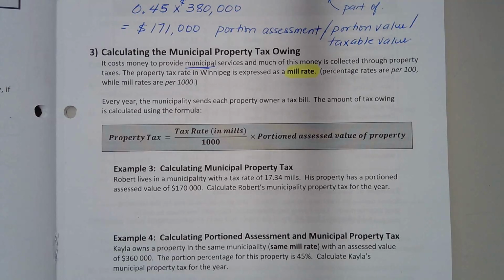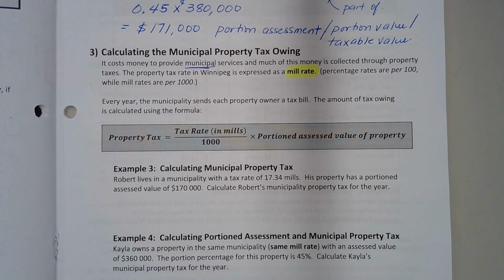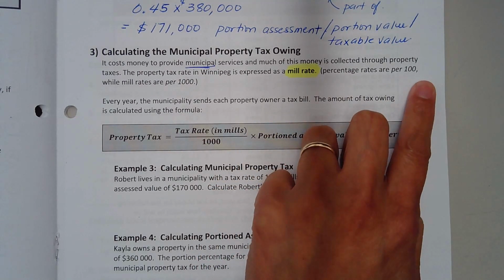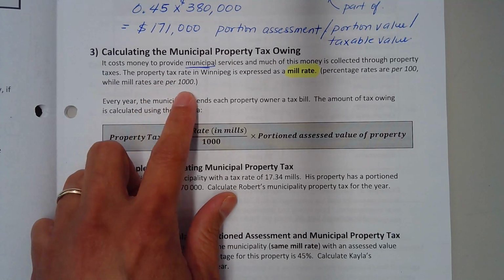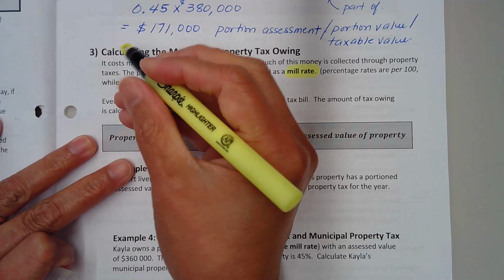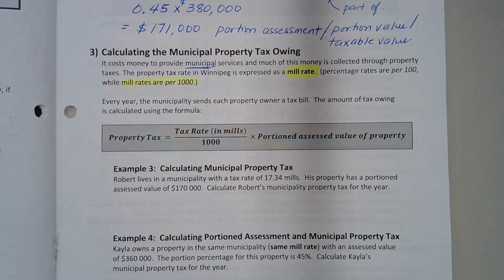We talk about interest rate. We have mill rate. So what's what? Percentage rates are per 100, but mill rate, and we can highlight this, mill rate is per 1,000. Let's highlight this piece. Mill rate means per 1,000.